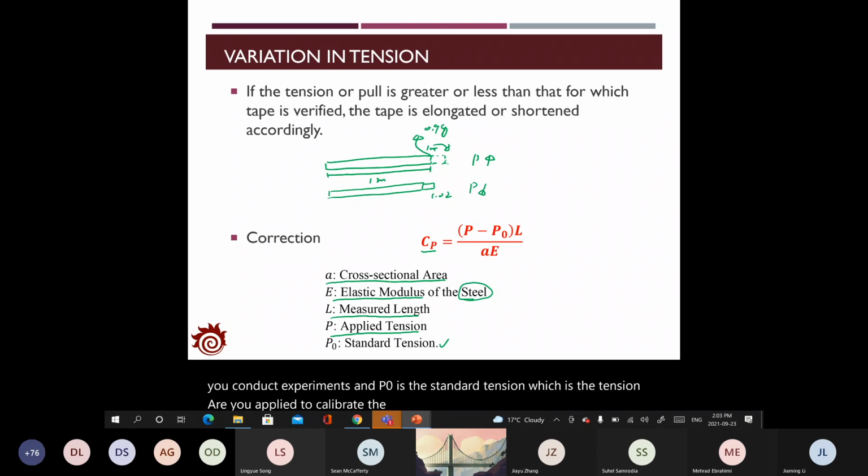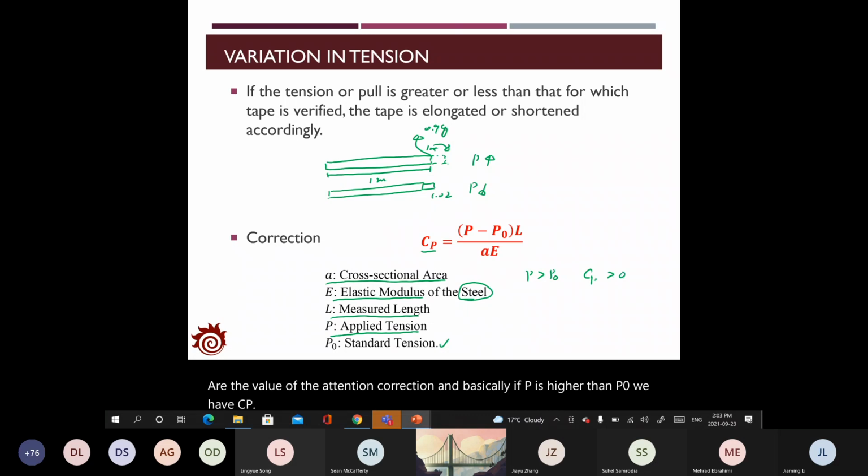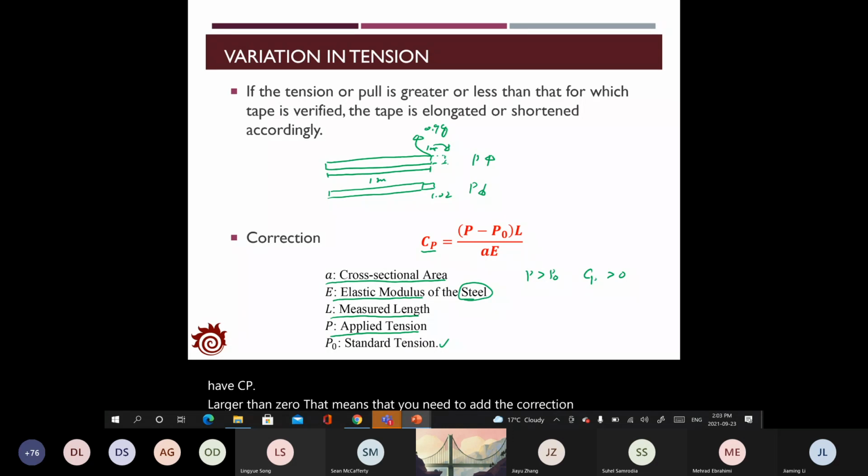So with that, we can estimate the value of the tension correction. Basically, if P is higher than P0, we have Cp larger than 0. That means you need to add the correction to the observed value.